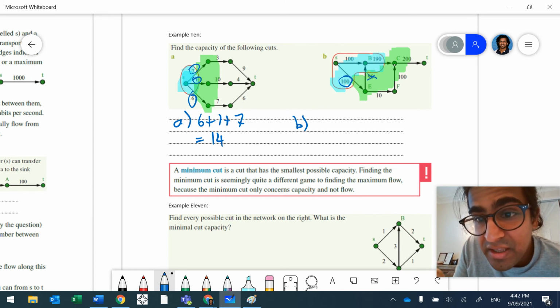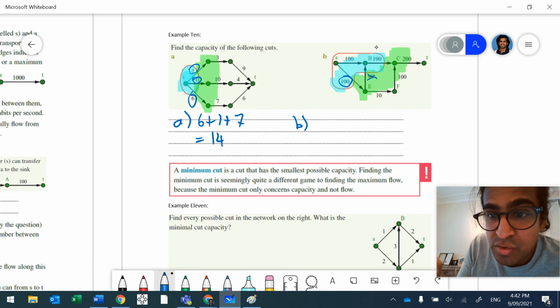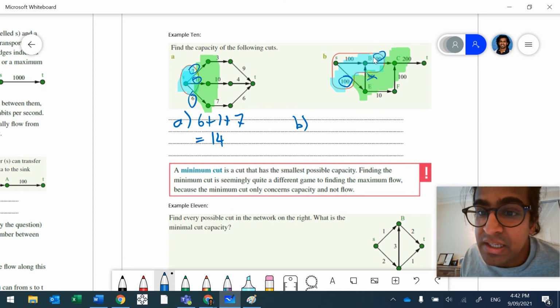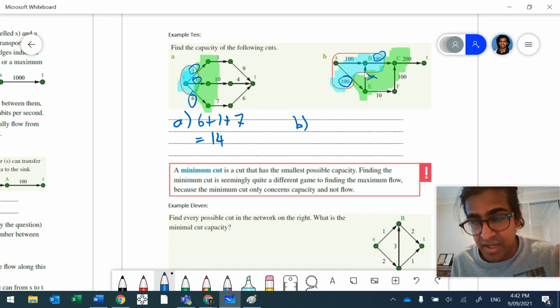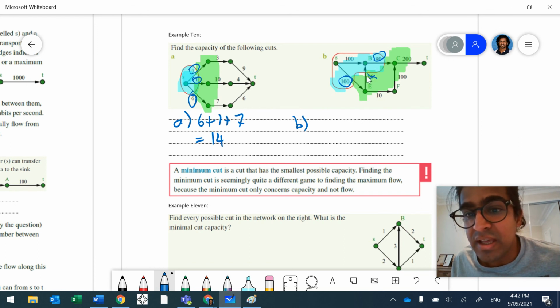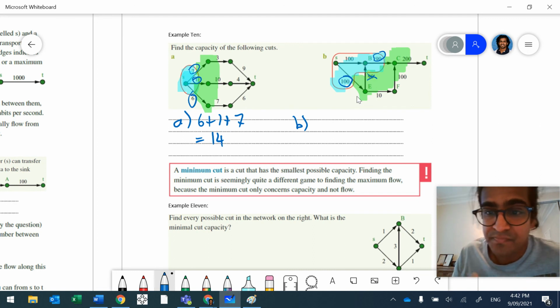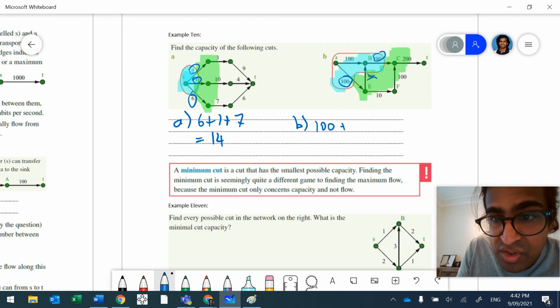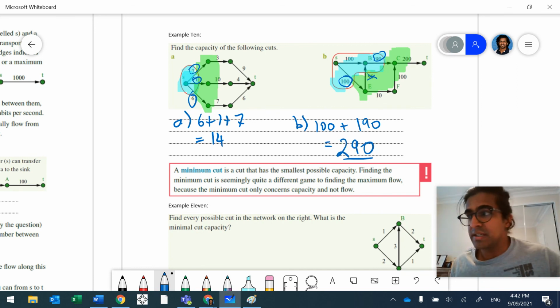And then this cut follows this one here as well, and it goes from the source to sink, so we do include that one. So we're only looking at the edges that are cut by the cut, and discarding the ones where the direction shows that it's flowing from the sink to the source. So we're adding 100 and 190, and we'll get a cut capacity of 290.